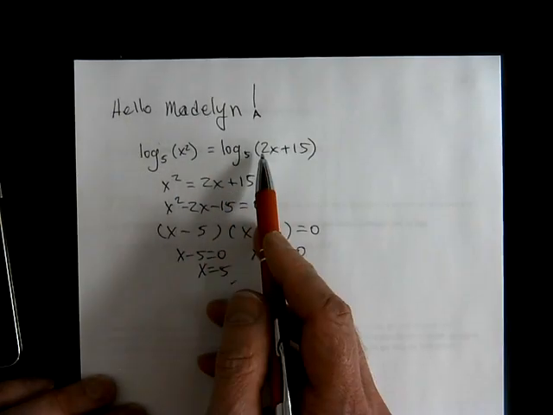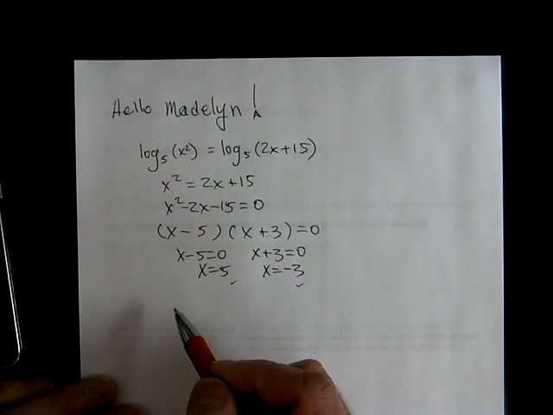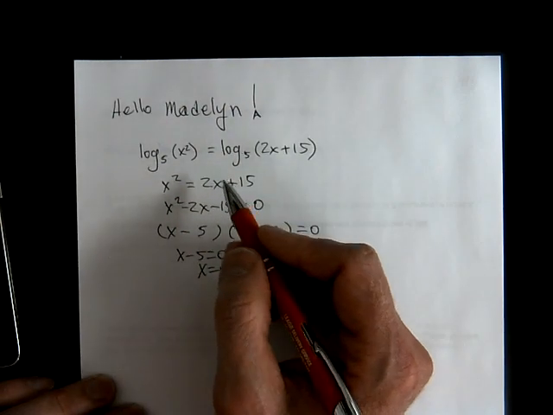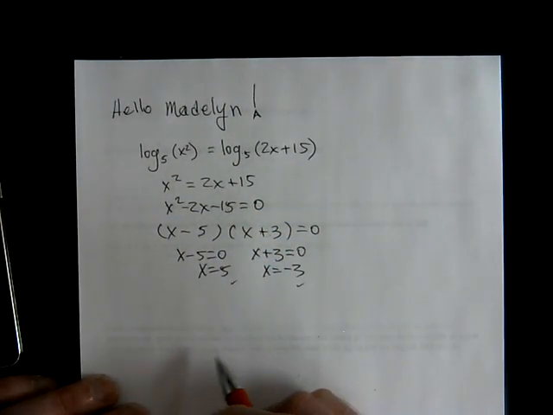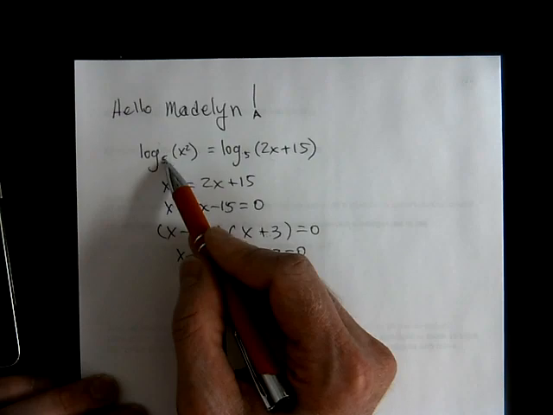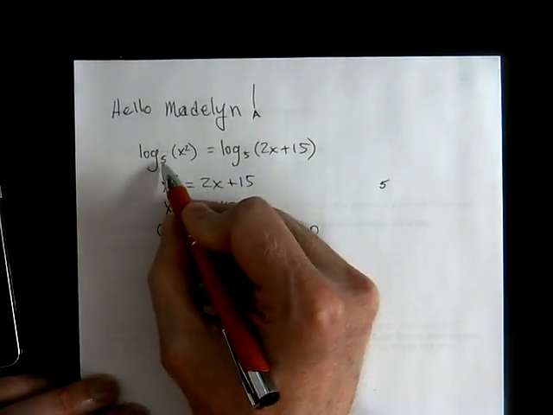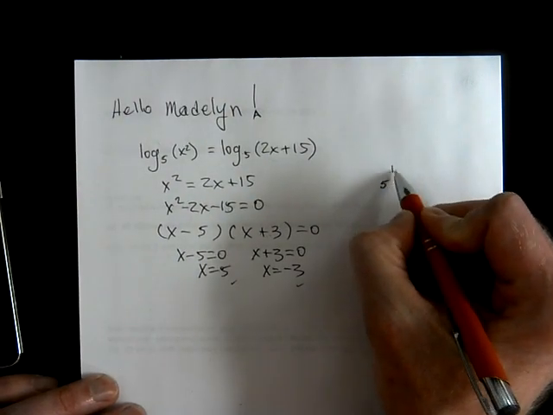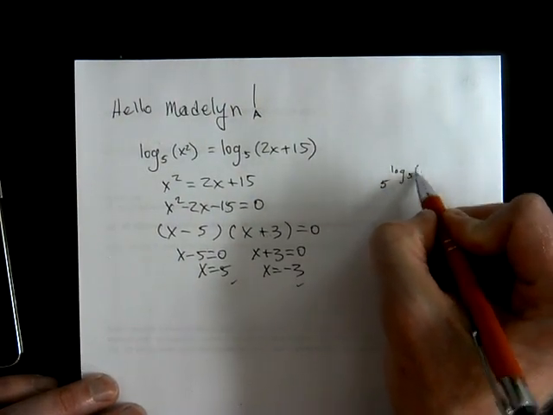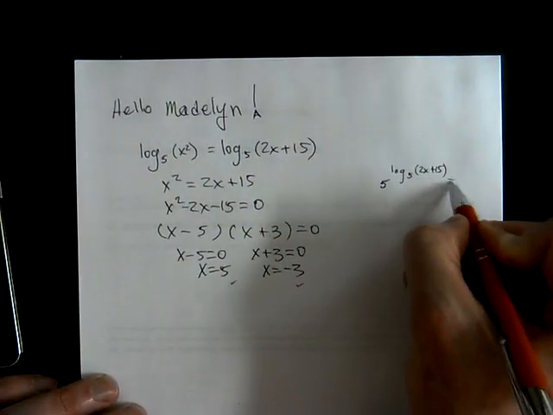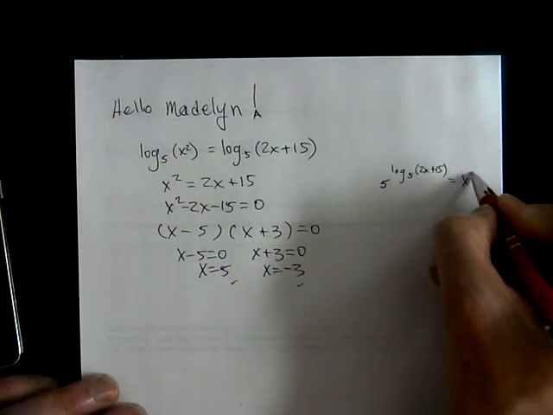Now you asked why it worked. That's a little bit more complicated. The reason the logs cross off, and I asked the whole math department this, the only thing we came up with was to switch this over to logarithmic form, which was 5 to the log base 5 of 2x plus 15 equals the exponent.